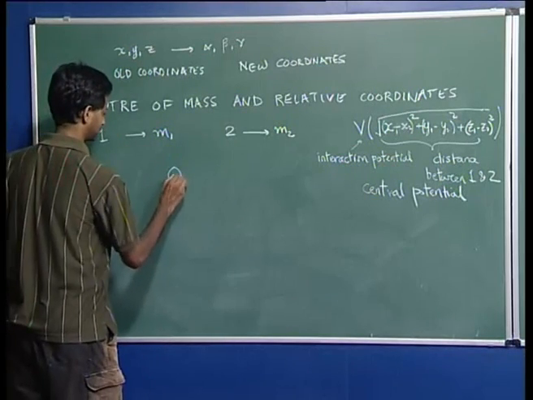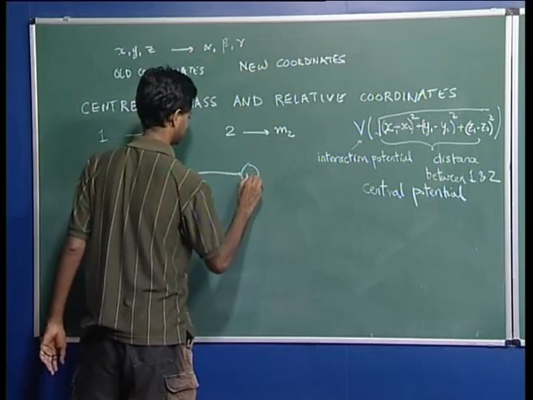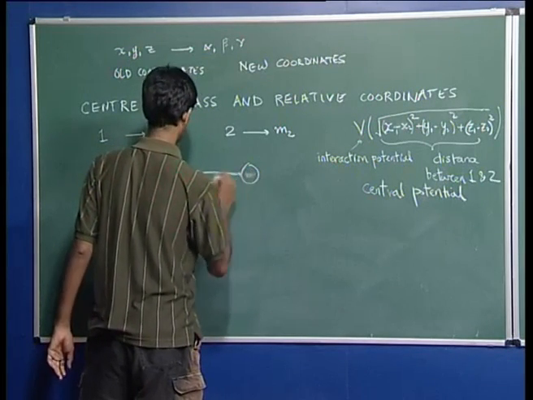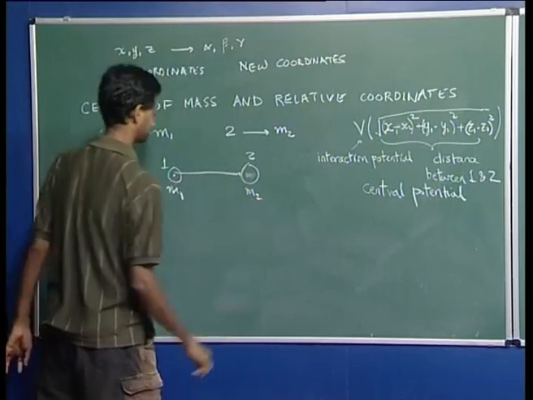You have a particle of mass m1 and another particle of mass m2. This is particle 1, and particle 2 of mass m2.